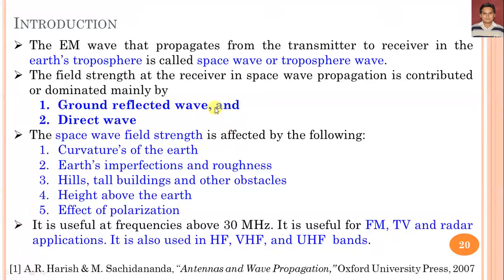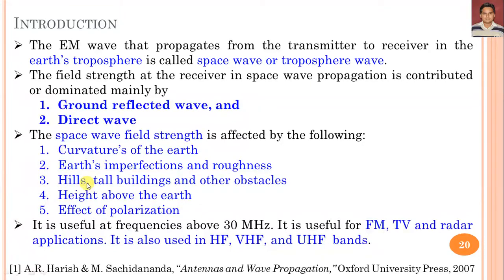The space wave field strength is affected by the following parameters: the curvature of the earth, imperfectness and roughness, hills, buildings and other obstacles, height above the earth, and the effect of polarization. Some of these parameters were discussed in lecture 1.